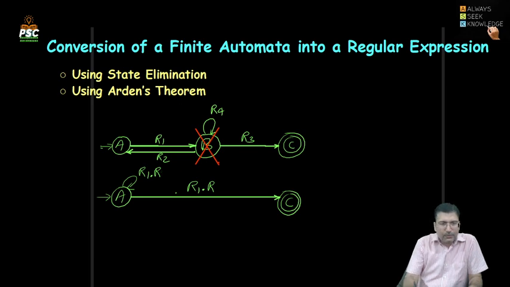So this loop will be transformed into R1 then R4 star followed by R2. I hope you can understand this: R1 R4 star followed by R2, right? And the path which we earlier wrote as R1 R3 is now R1 followed by R4 star followed by R3.